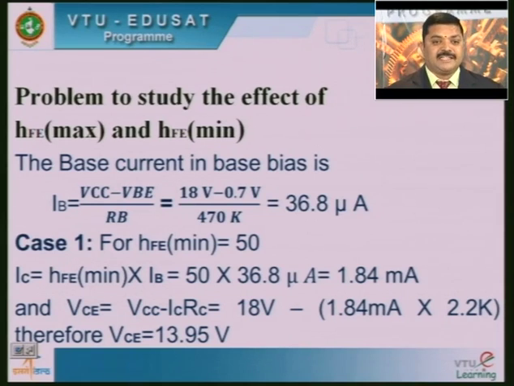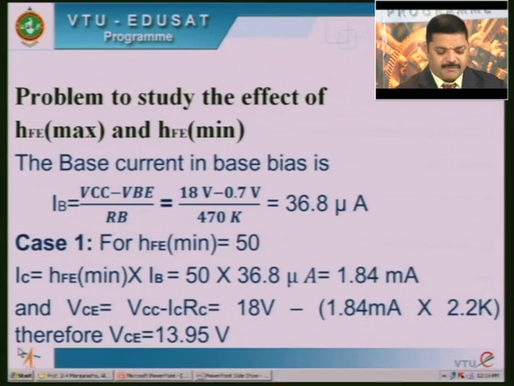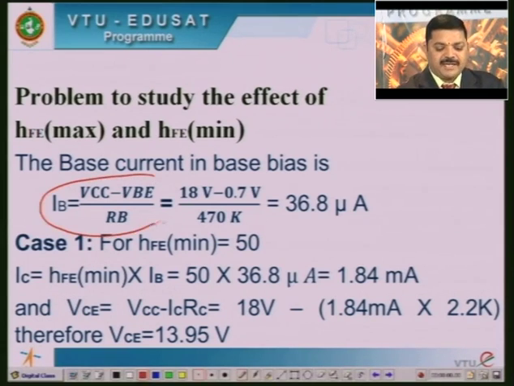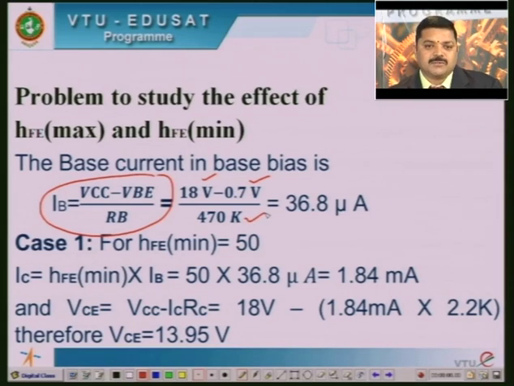We know that base current IB is given by IB equals VCC minus VBE by RB, and in this problem VCC is 18 volts, VBE is 0.7 volts and RB is taken as 470 kilo ohms. Therefore, IB is found to be 36.8 microamps.